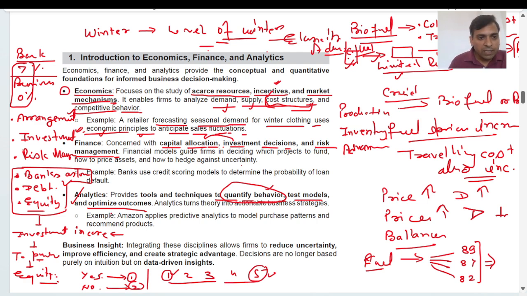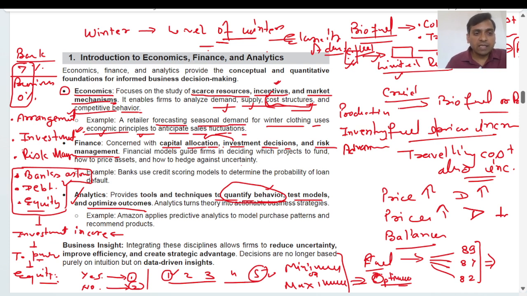Now optimize outcomes. Basically the meaning of optimize means neither maximum nor minimum. This is called optimum, as opposed to minimum or maximum. So this word optimum is basically used for optimization of resources, because in economics we have scarce resources.